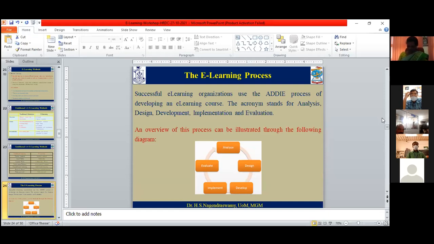So once it has been analyzed, then we have to go with the design. It's as good as writing a textbook. Let us assume that you want to write a textbook on the subject of your interest. How do you write a textbook? The same process you are going to follow here, right? First, you have to analyze the topic of the textbook. You have to prepare the table of contents, right?